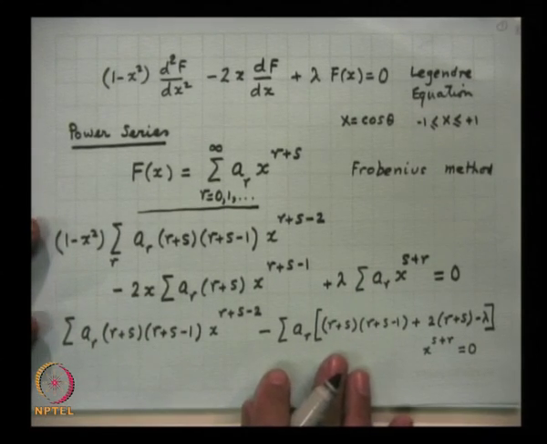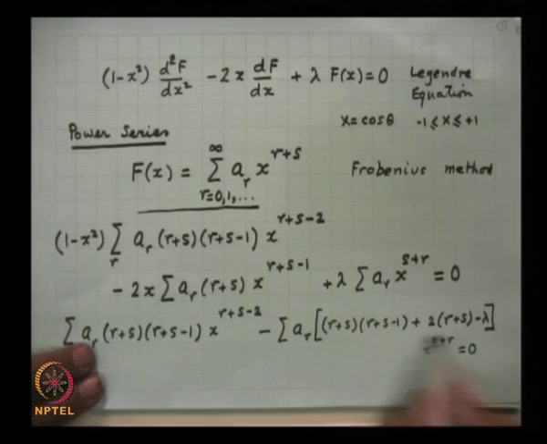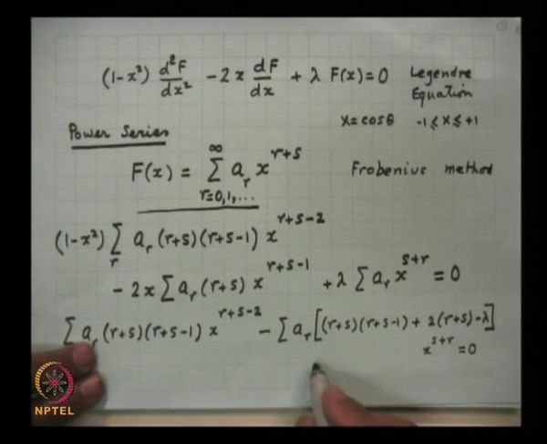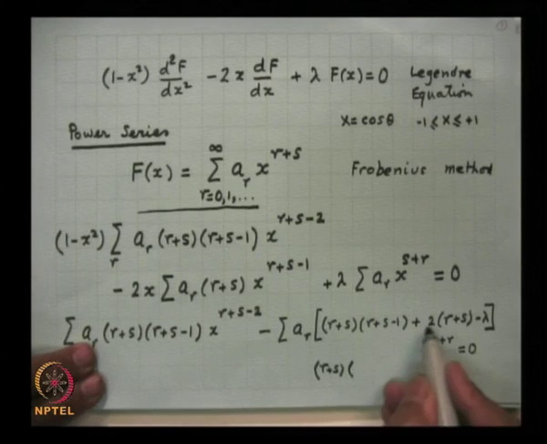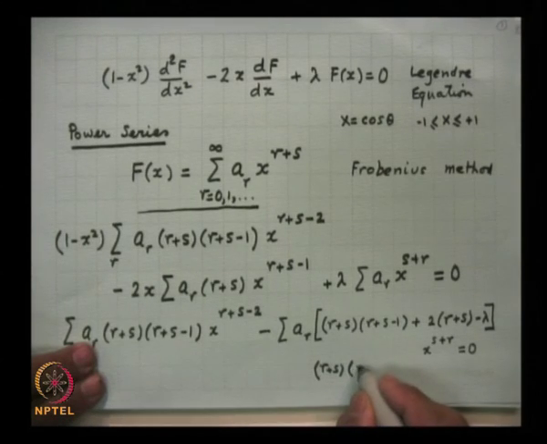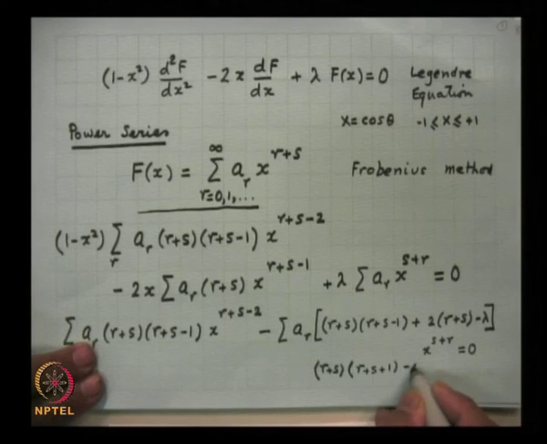Now, this expression, if you take r plus s outside, becomes r plus s multiplied by r plus s minus 1 plus 2. So, this becomes r plus s plus 1 minus lambda.